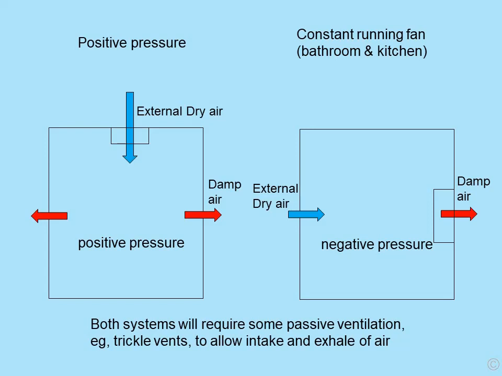It's creating a small, tiny pressure indoors, and that will push out the damp air. Constant running fans in bathrooms and kitchens are actually producing a negative pressure. They're pulling out or pushing out the damp air, and the external air is coming in via vents. Both systems require some passive ventilation to allow the intake and exhaust of air.